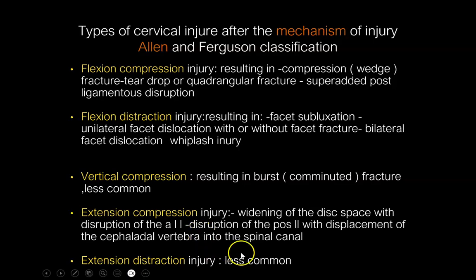One of the famous causes is difficult intubation, where you can cause hyperextension of the neck, and this can result in injury if there are associated osteophytes or something like that, and even quadriplegia with little bony changes.